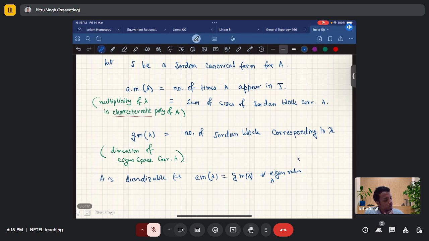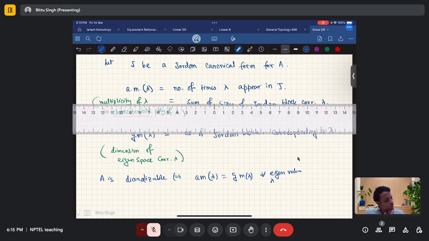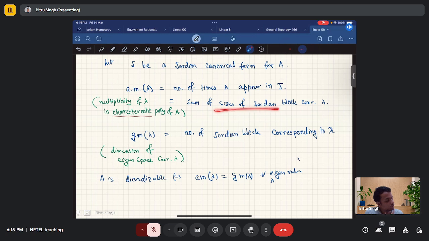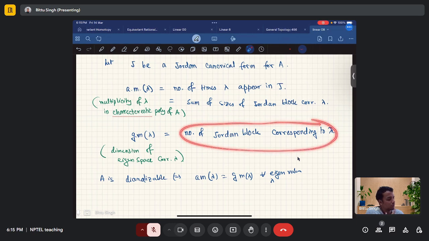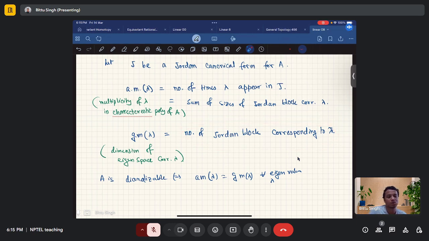But now we note that the sum of sizes of Jordan blocks and the number of Jordan blocks will be equal if and only if those Jordan blocks are 1 by 1 matrices.